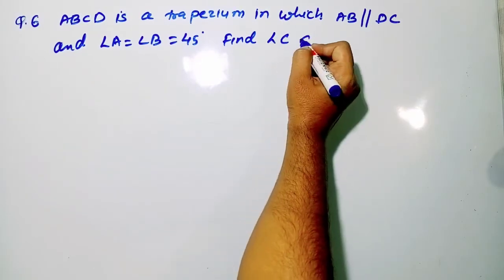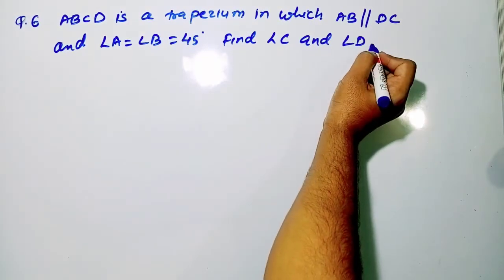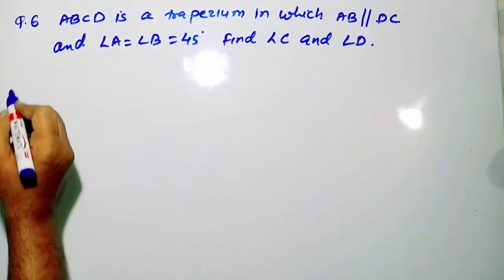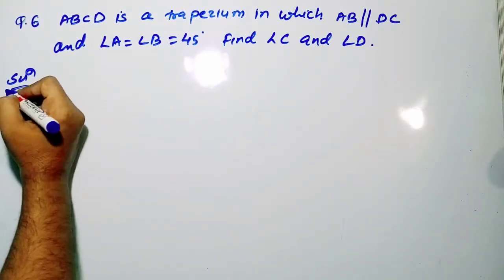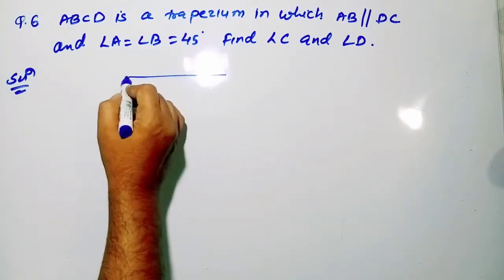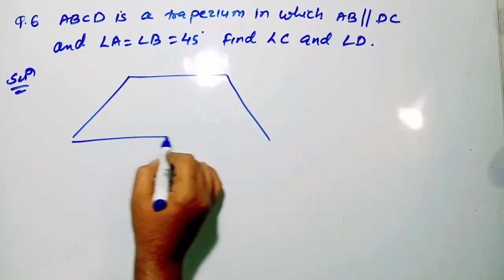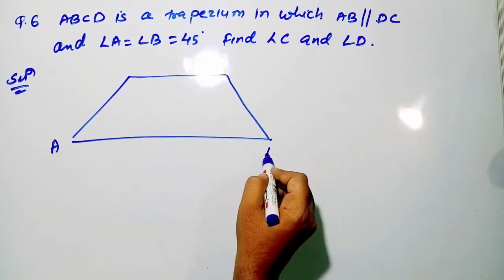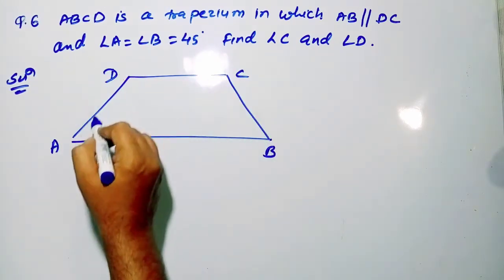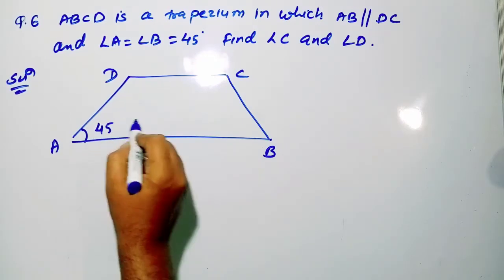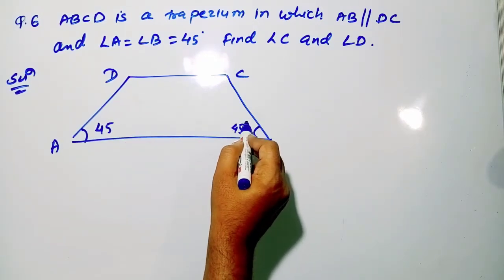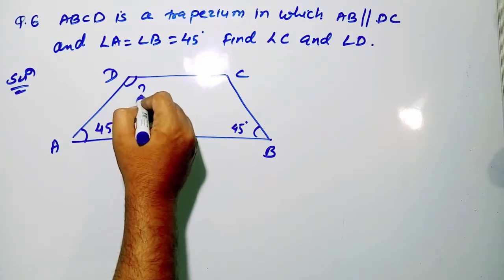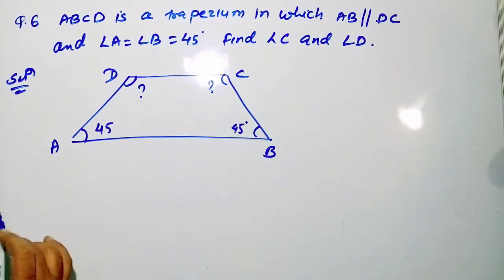So find angle C and angle D. We have to find angle C and angle D. So here quadrilateral ABCD is a trapezium, so drawing the trapezium ABCD, because AB is parallel to DC. Angle A is 45, angle B is 45, so we have to find out D and C.